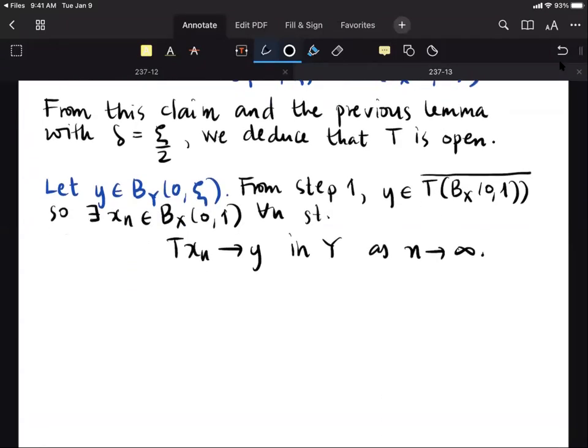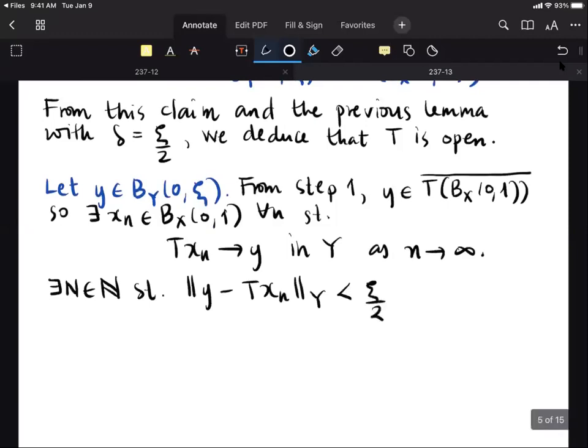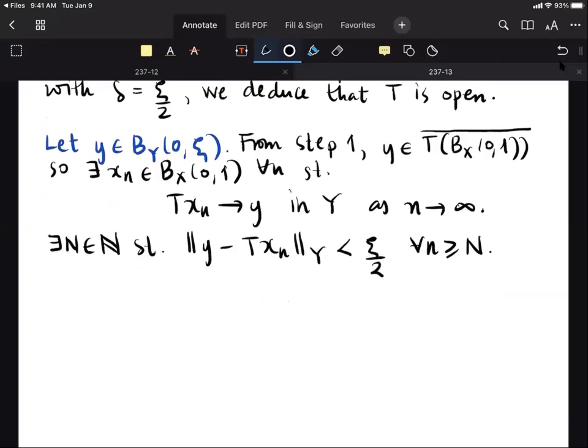By the definition of convergence, there exists an N such that the norm of the difference is less than xi over 2, where xi is positive, as long as the index is larger or equal to this index capital N. Multiplying by 2 both sides, this implies that 2y minus txn is an element of what?